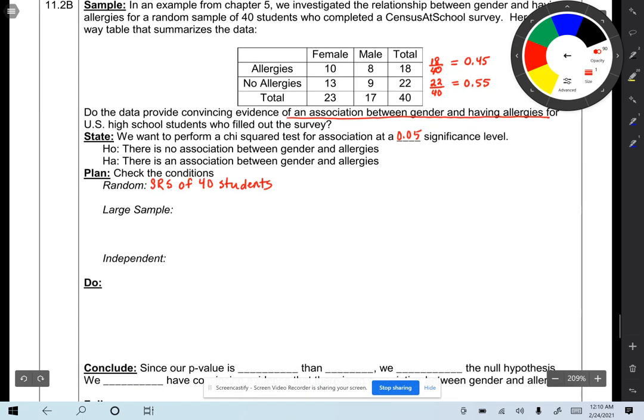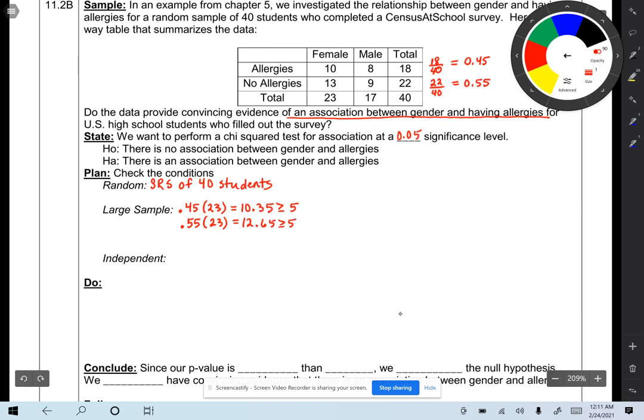For the large sample, our expected proportion 0.45 times the total number of females will give us 10.35, which is greater than or equal to 5. And then 0.55 for no allergies times the total number of females, and we would expect 12.65, which is greater than or equal to 5.